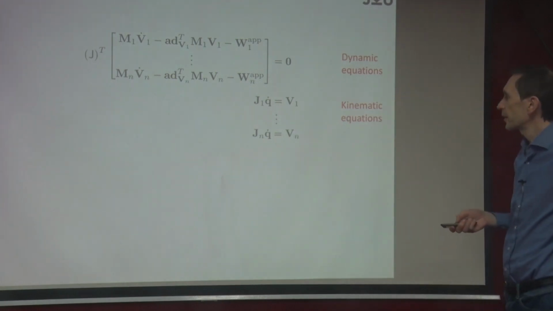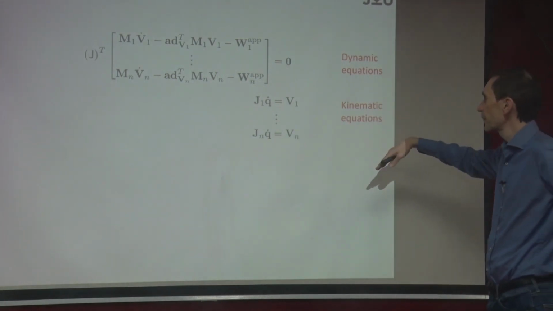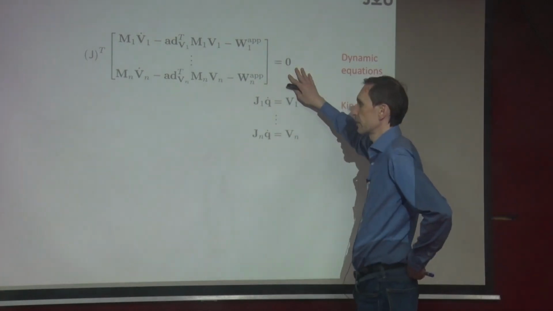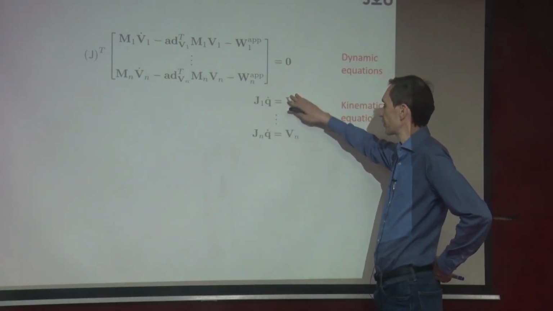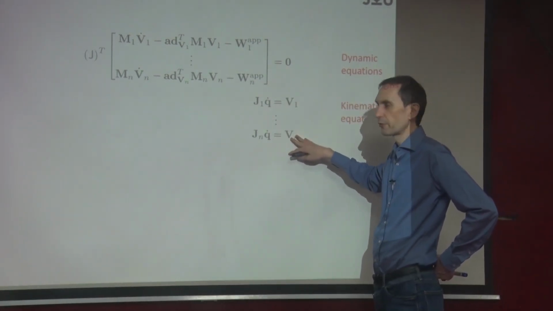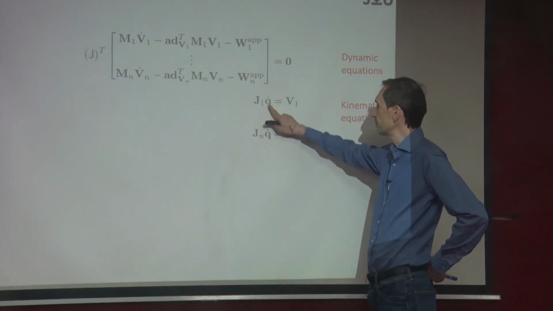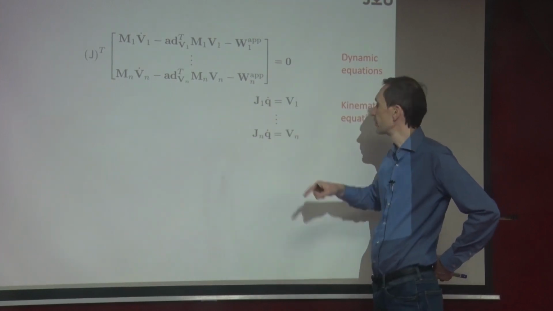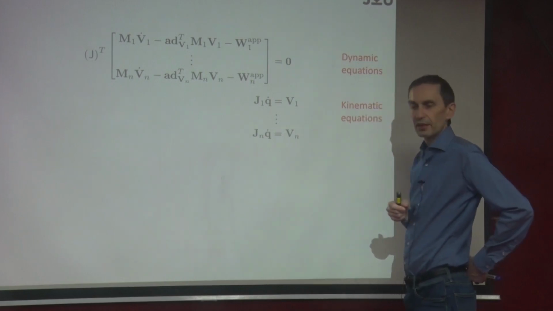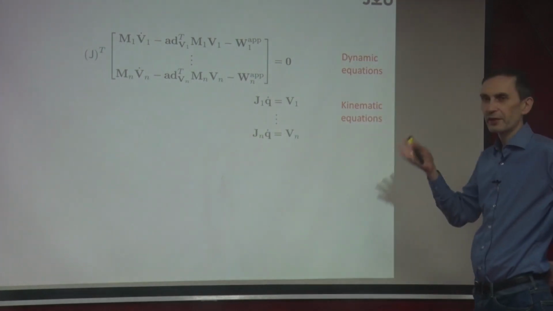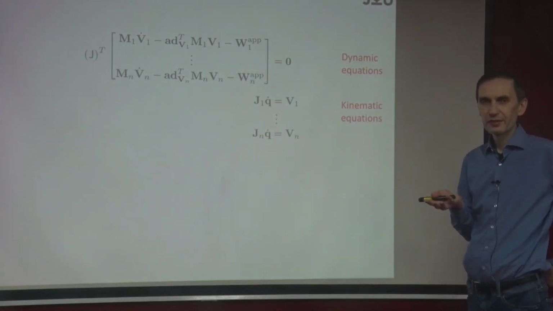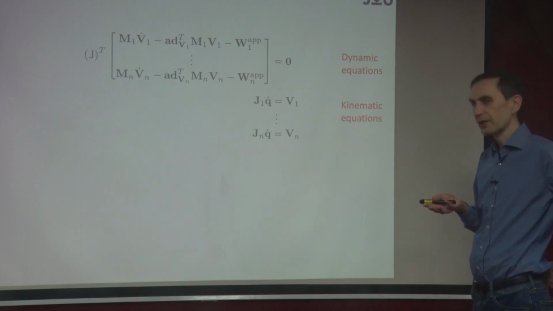And in this way, you could stick with this equation. So you would have n plus 6n equations for the n unknown q and for the 6n unknown v1 to vn. So we have 7n equations. You could do that.